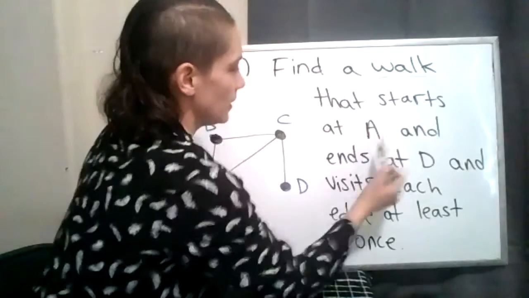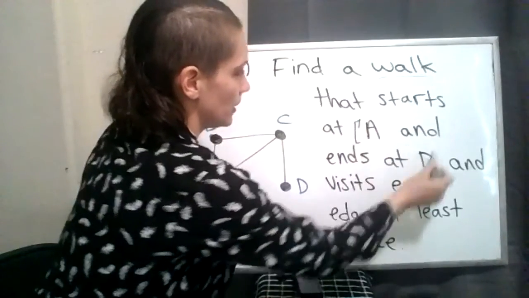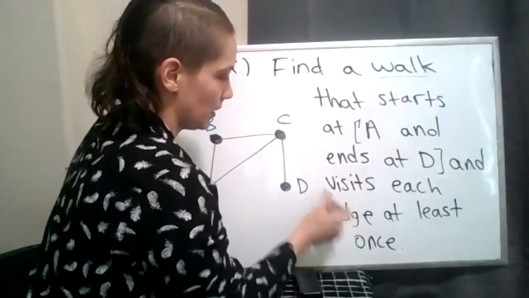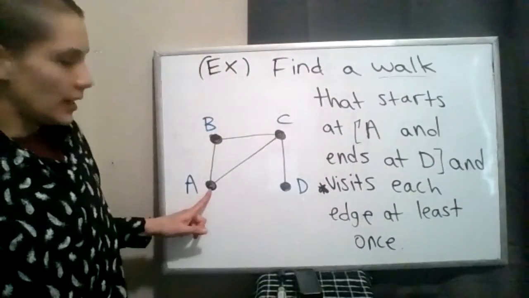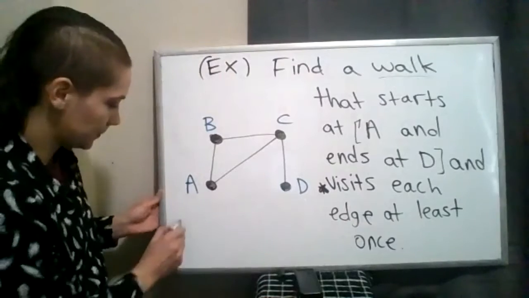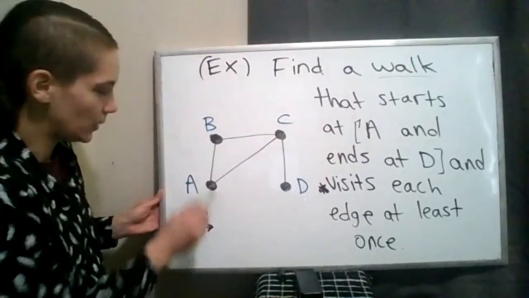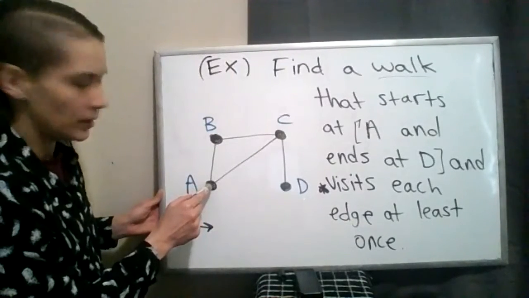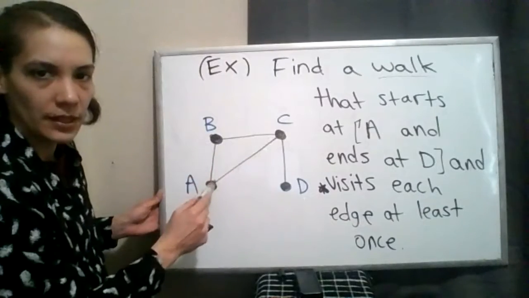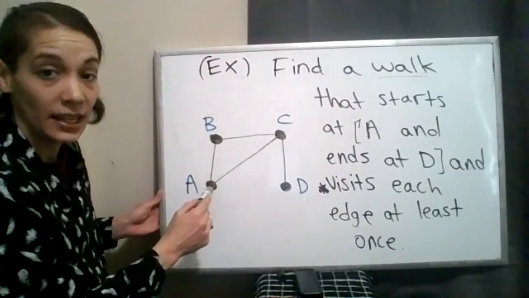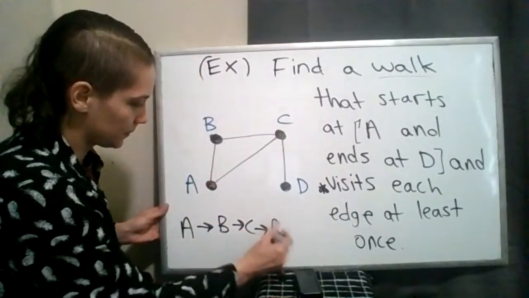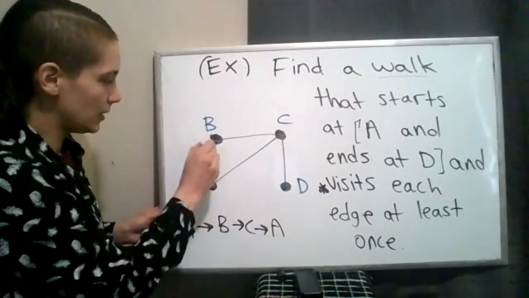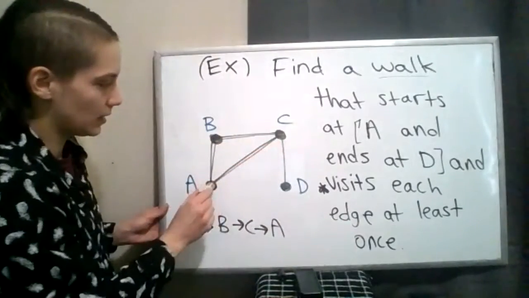So this part, this part, this part. Starting at A, we can travel around the triangle A, B, C, A. So go over here and here and here.